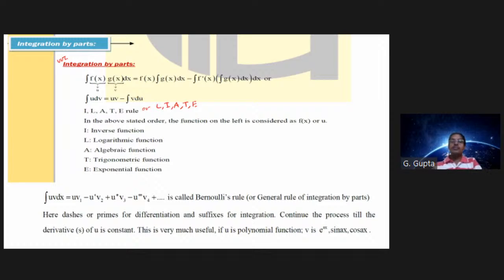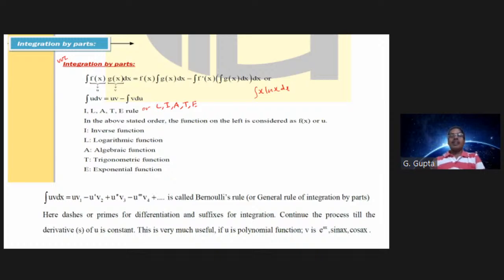See, for example, integral of x log x dx. I can compare this example with the previous standard integral x power n log x. If you forget that formula, then integration by parts will be very helpful.